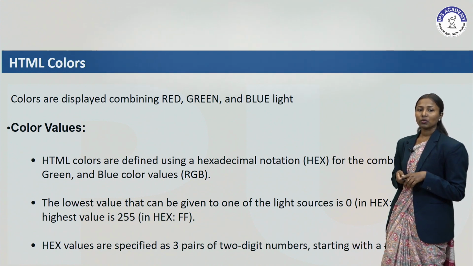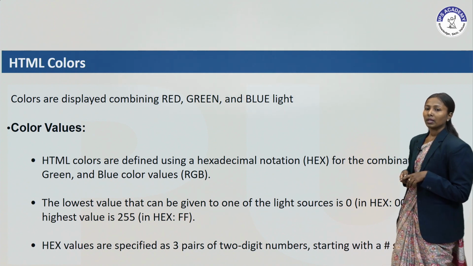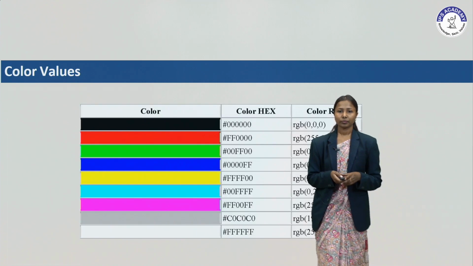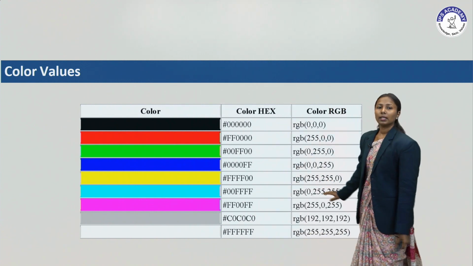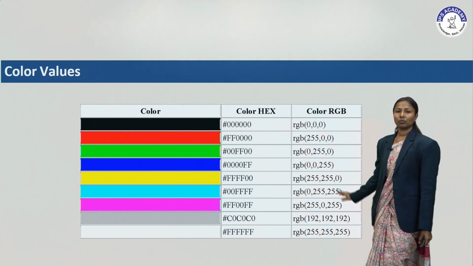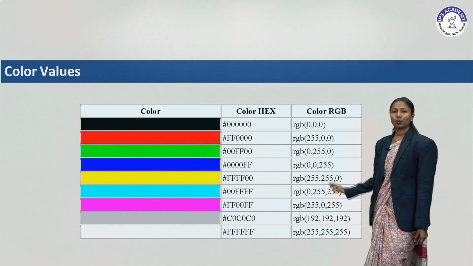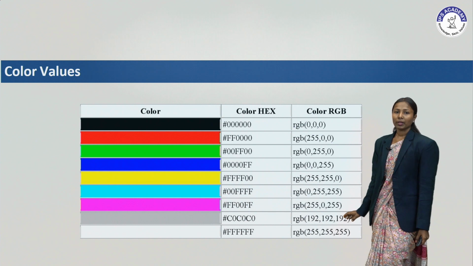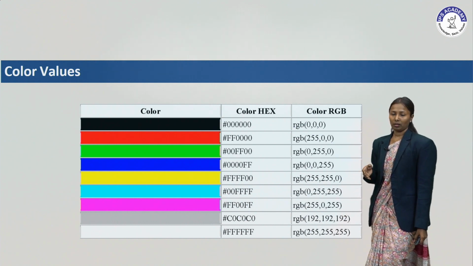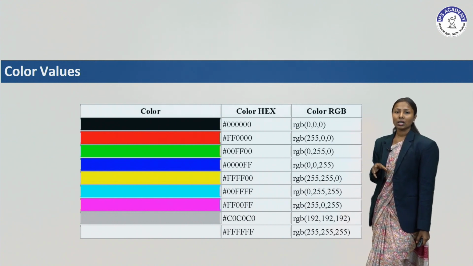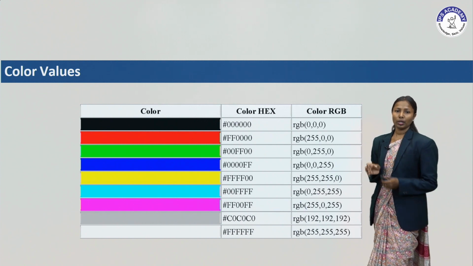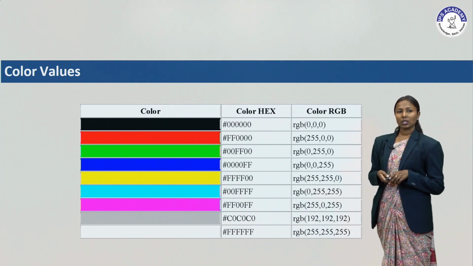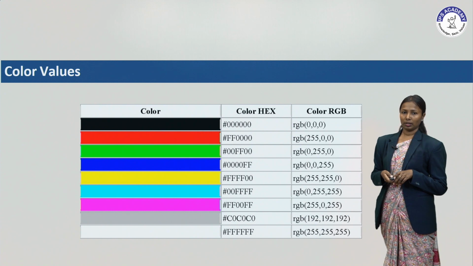The hex value is specified as three pairs of two-digit numbers, starting with a hash, right? See, this chart shows you colors, the corresponding hex code for each color, and the color RGB. Suppose I want black color, so I am writing the hex code as hash 000000. So these are the corresponding hex values for the colors.